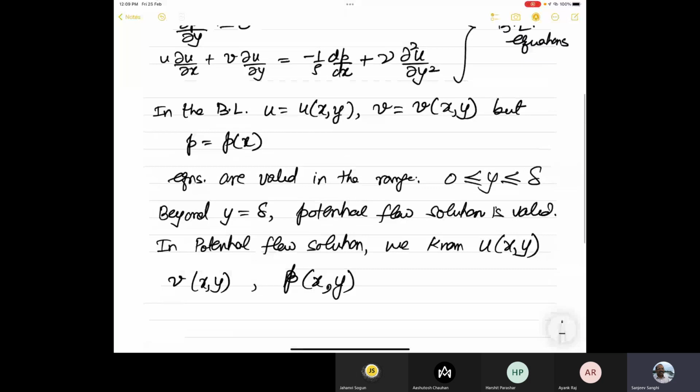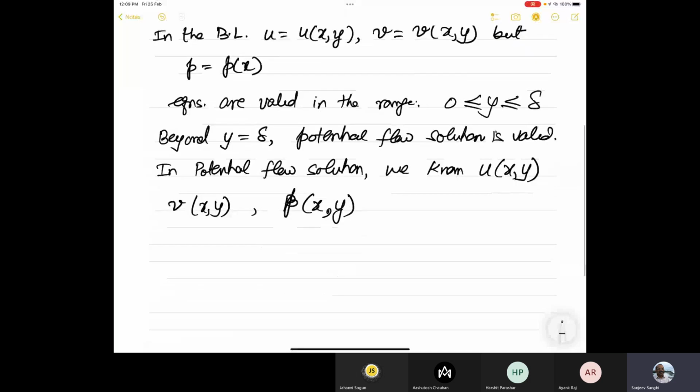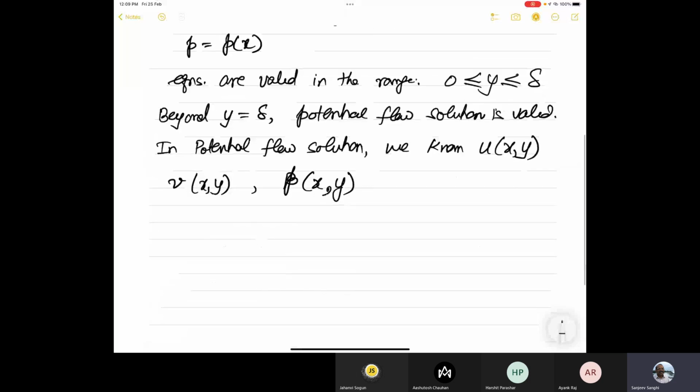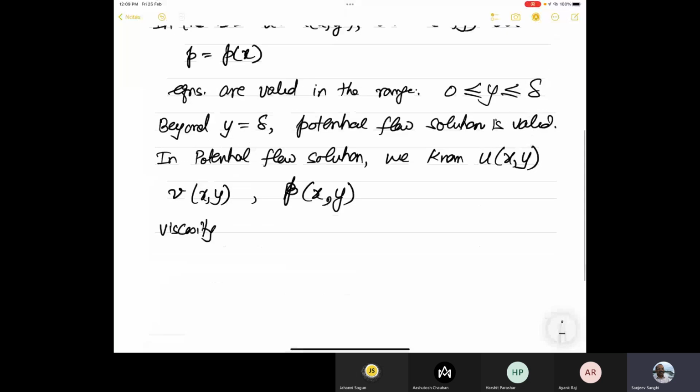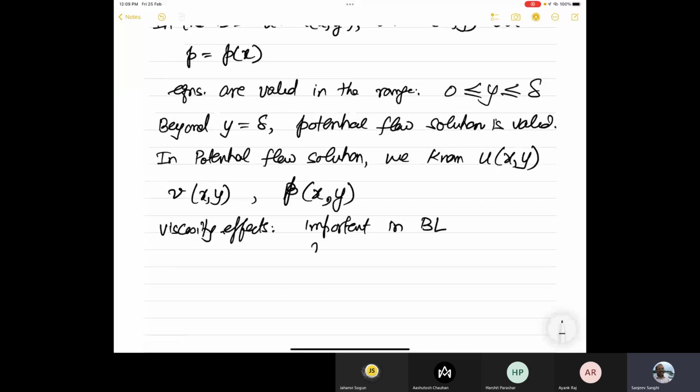The potential flow solution basically, and if you look at physical quantities, viscosity effects are important in boundary layer and negligible outside.